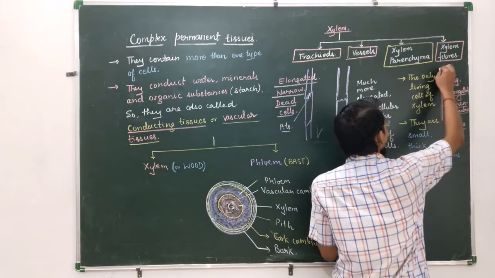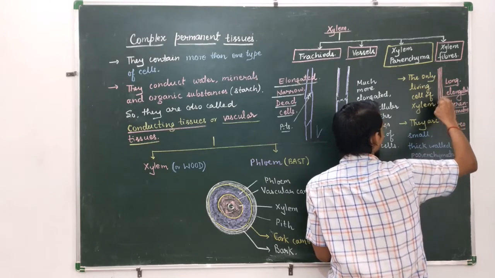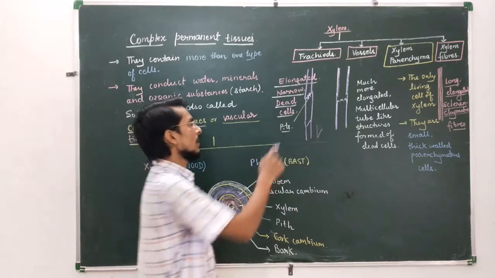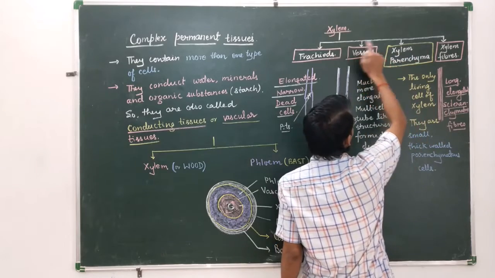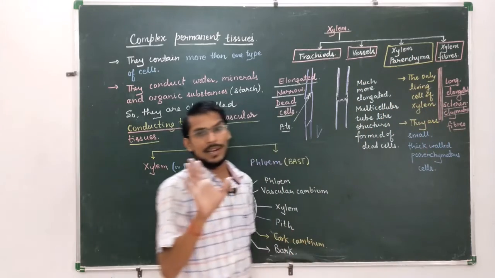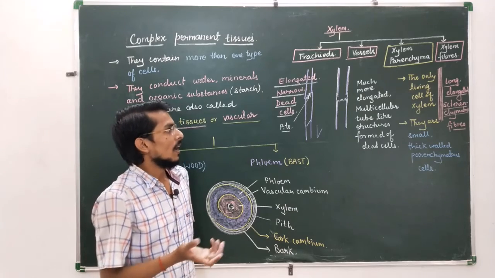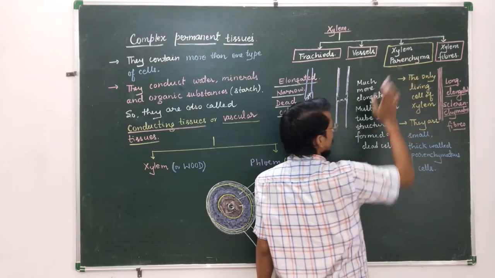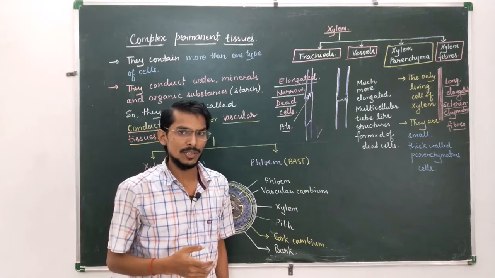They are elongated fibers which are mainly responsible for the mechanical support. If we talk about mechanical support, tracheids, vessels and xylem fibers, these three types of cells are responsible for mechanical support because they are dead cells. Okay. And xylem parenchyma, this one is living, so it will not contribute to the mechanical support of the plant body. Okay.